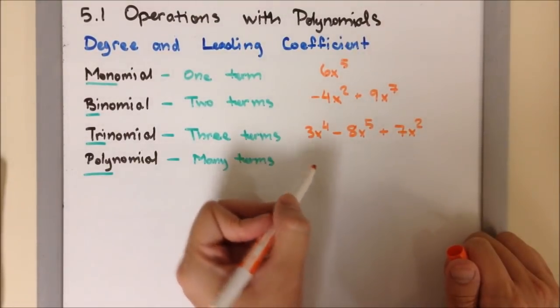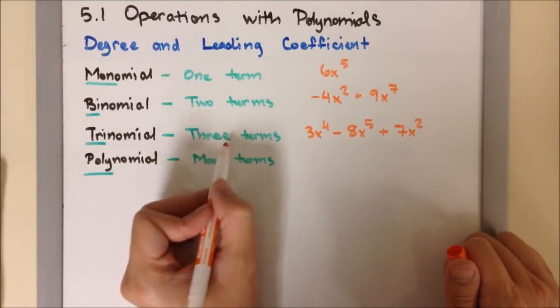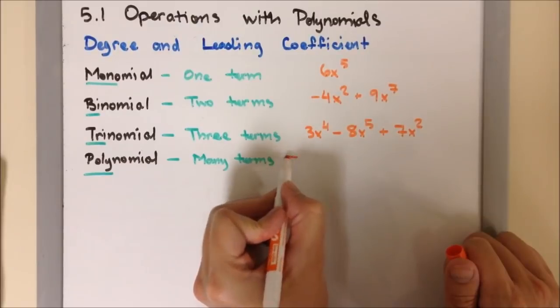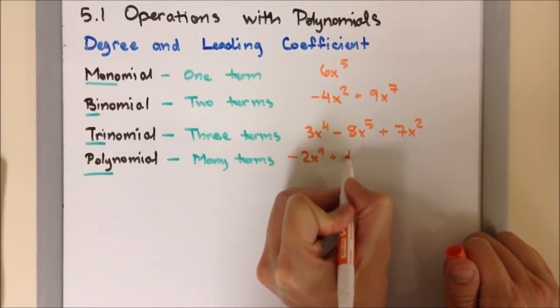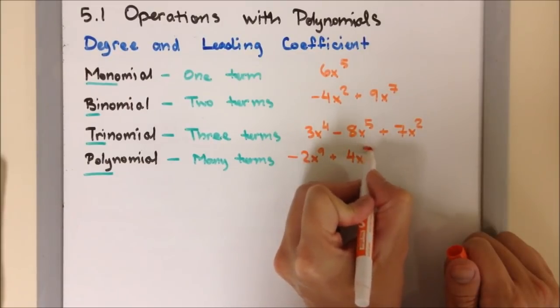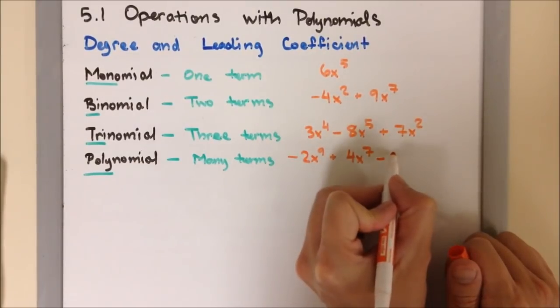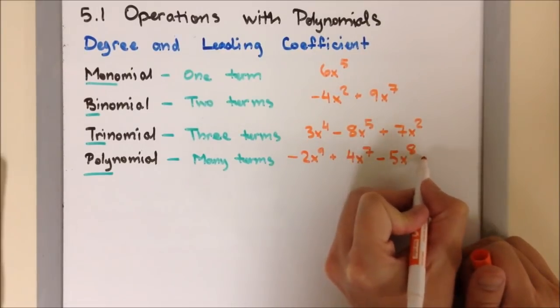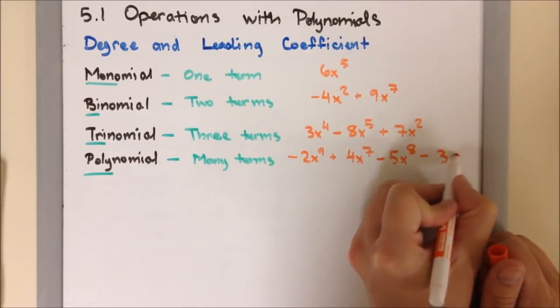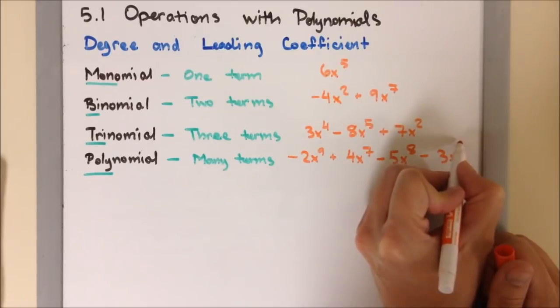Polynomial, meaning many terms, basically more than 3. So you could have like negative 2x to the 9th plus 4x to the 7th minus 5x to the 8th minus 3x to the 5th.